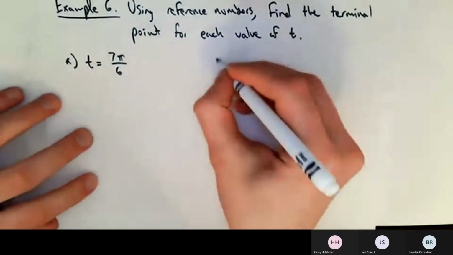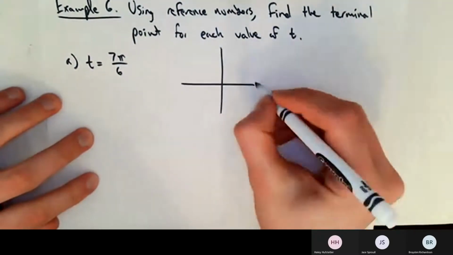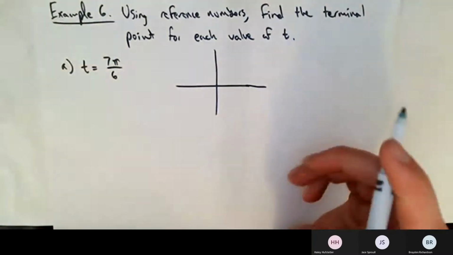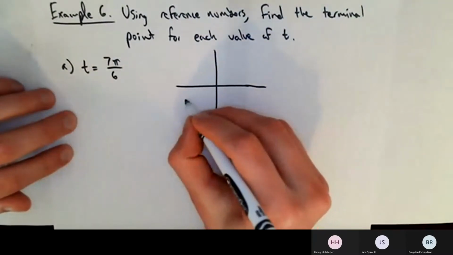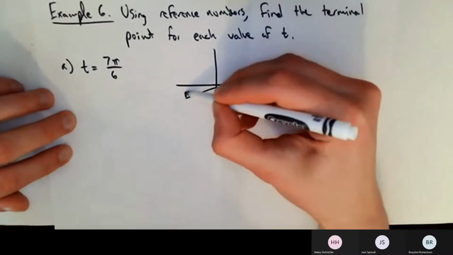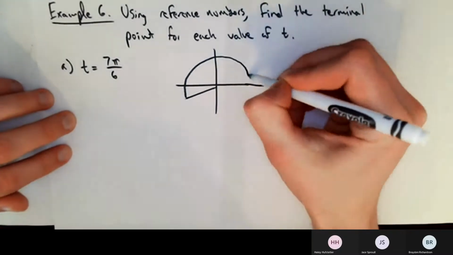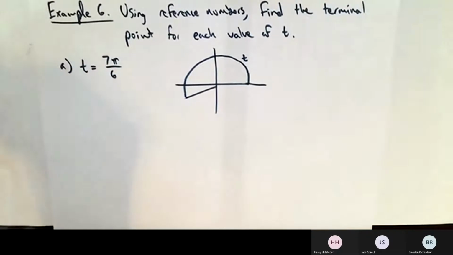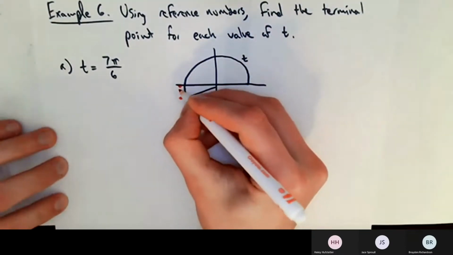So first we draw the angle. 7 pi on 6 is in the third quadrant down here. So that's t, 7 pi on 6. I see that my reference number should be going from here to here.